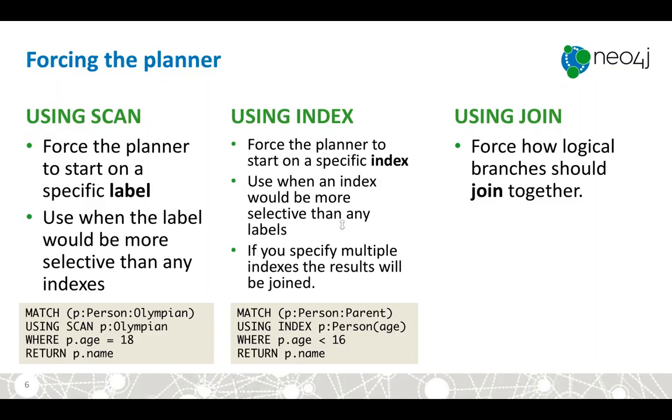For example, if I wanted to go from A to B on one side and from E to D to C to B on the other, and then join on B, I could use the using join hint to force that to happen. It's not a very common use case compared to the first two, but it is a possibility that could help you.